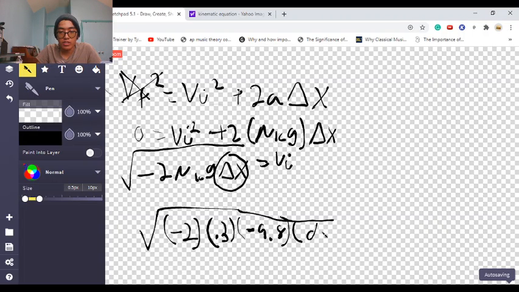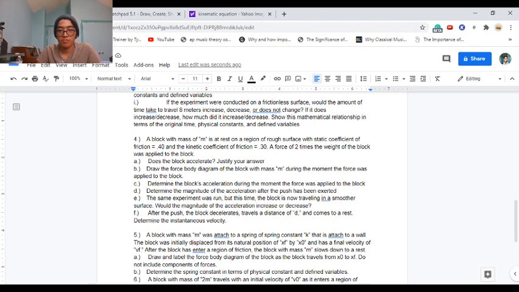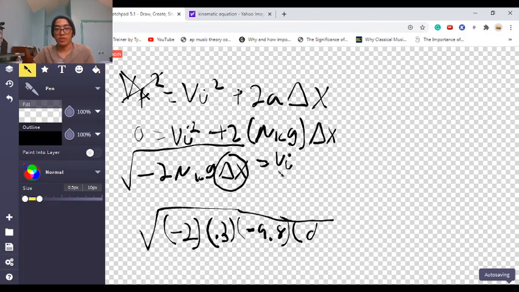Let's say the block travels a distance of 10 meters, and then it comes to rest. So instead of writing d, we can just write 10. Then we can solve for the initial velocity that it had. 2 times 9.8 times 10, times 0.3, and then take the square root of that.